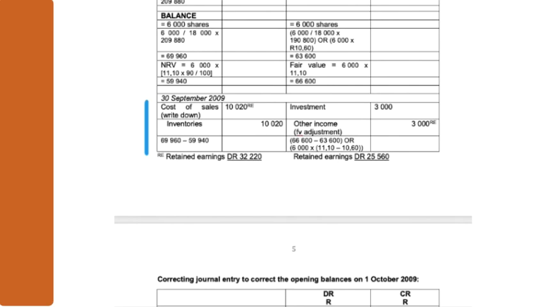What should have been done is that you had to calculate the fair value of the shares at year end and do a fair value adjustment in terms of the rules of IFRS 9. That can either be an upwards adjustment or a downwards adjustment, so it goes to other expenses or other income depending on the direction, as long as it goes through profit or loss, because that is what the rules of IFRS 9 say.